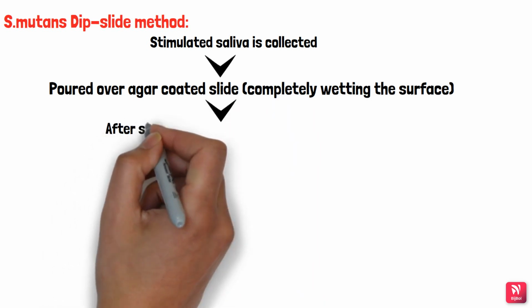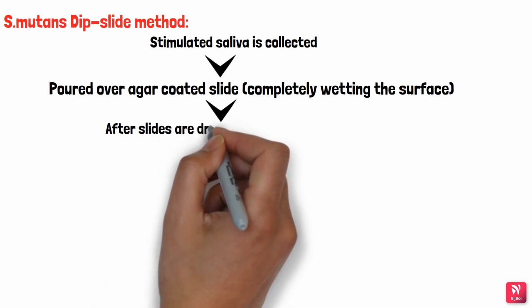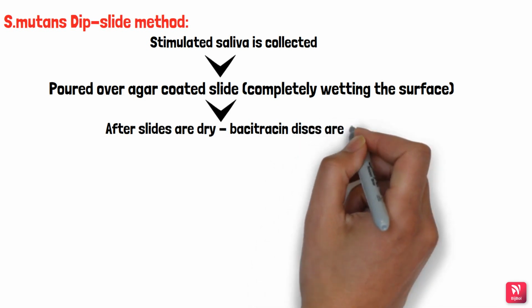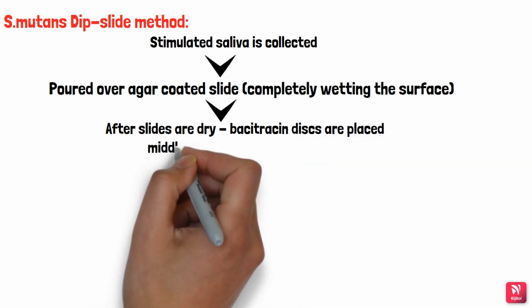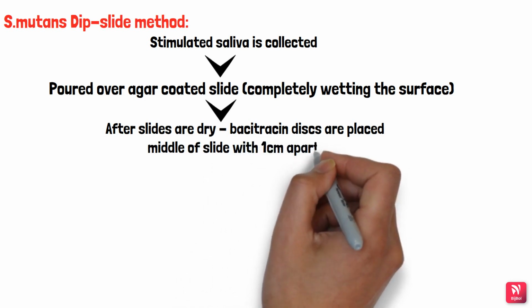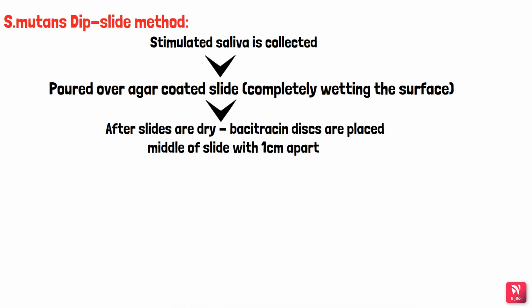After the slides are dry, we will place bacitracin discs on the slide, 1 centimeter apart. As I told you earlier, bacitracin allows the growth of Streptococcus mutans, but it doesn't allow the growth of any other bacteria.